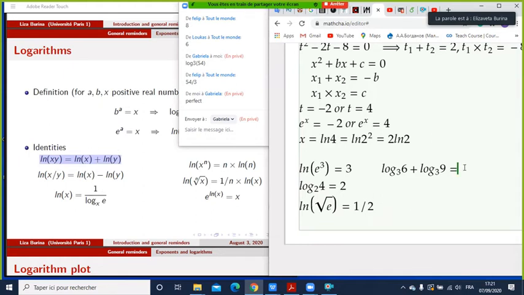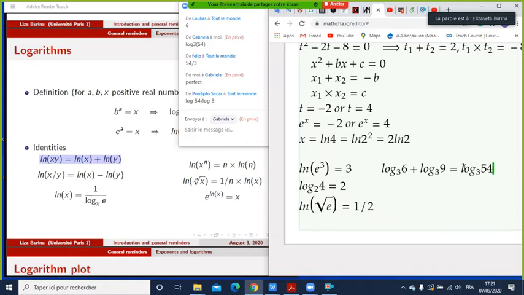So, you end up with log the same base 3, right, of what? Well, you multiply six and 9 and get this. That's it.